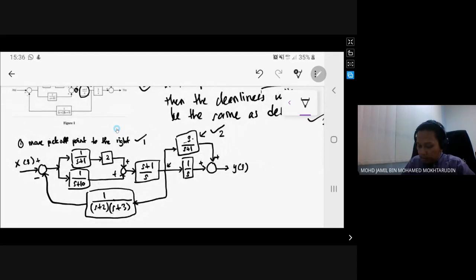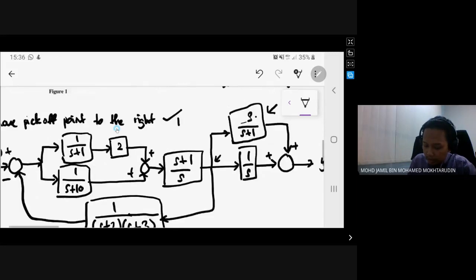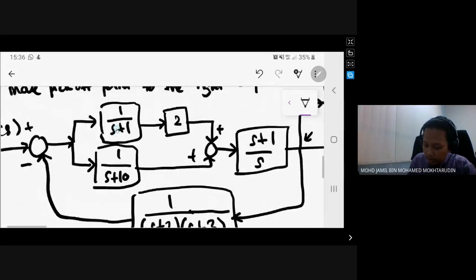And then the next step, maybe you can say these two are cascade.